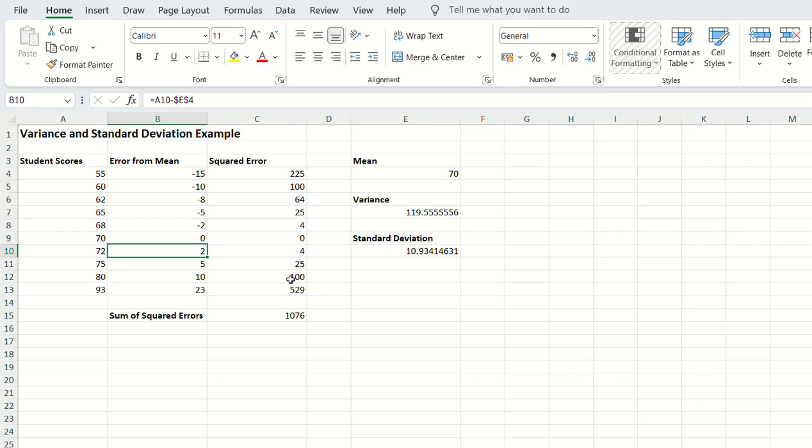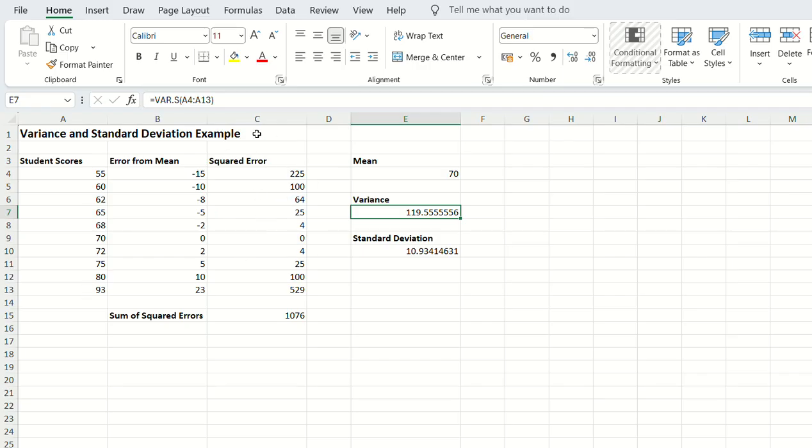After squaring the errors, we can use the formula like this, and it will give us the result.